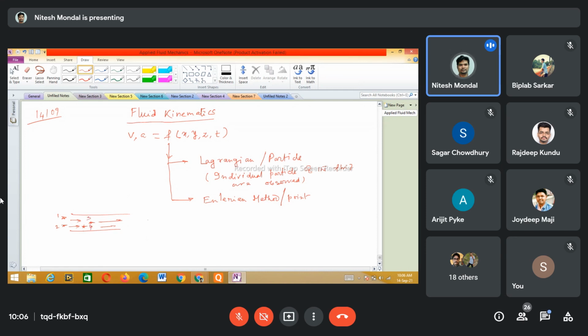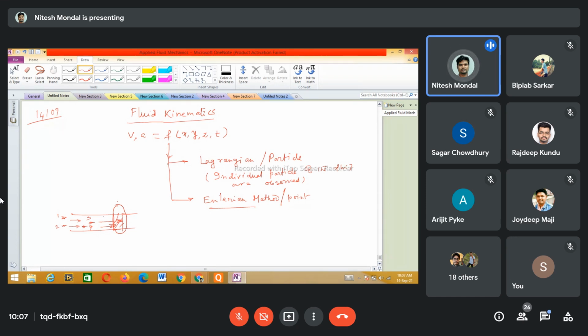But in the Eulerian method, you just identify a position of the pipe and study that region: every particle comes through this space, and you study the difference in properties of all the fluid particles at this position. So the Eulerian method is more important in fluid kinematics than the Lagrangian method.